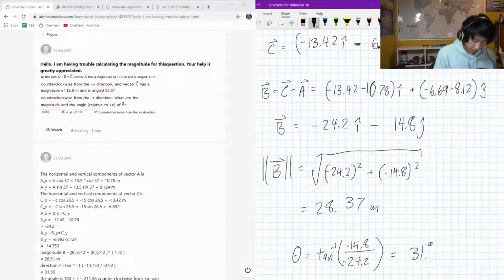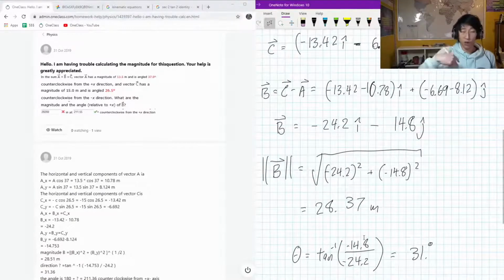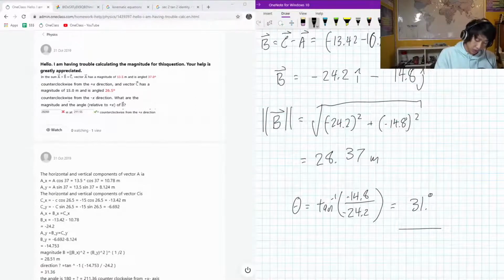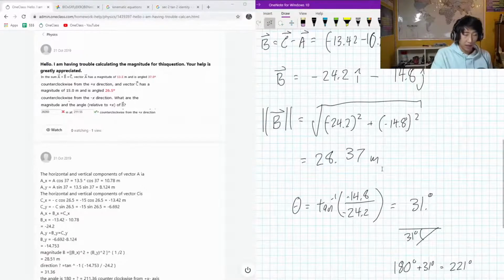But we know that we are going in the down left direction. So this has to correspond to 31 degrees this way, which is going to correspond to 180 degrees plus 31 degrees, which is equal to 221 degrees if we are going this way. Okay, so that's going to be the angle of b and the magnitude of b.